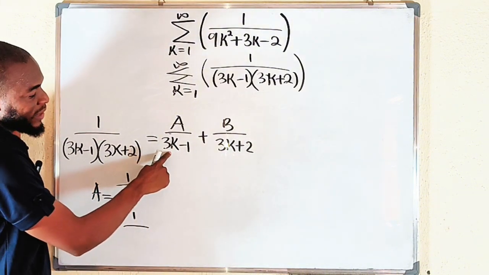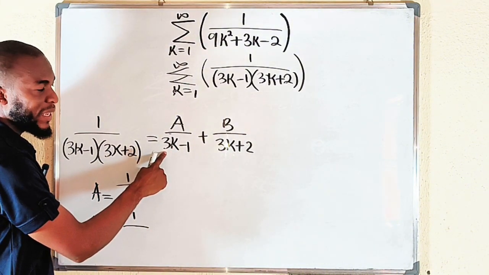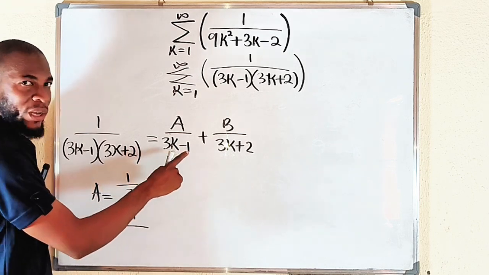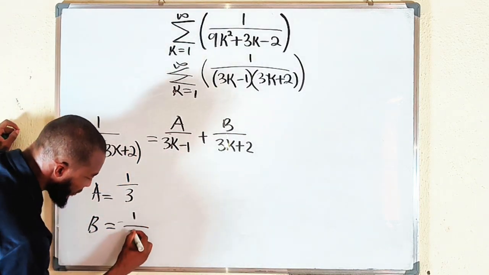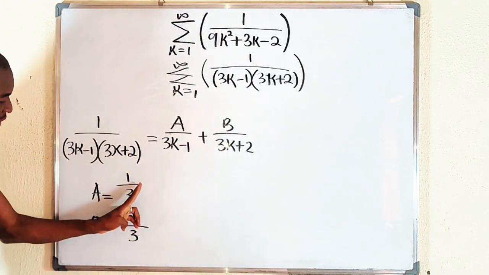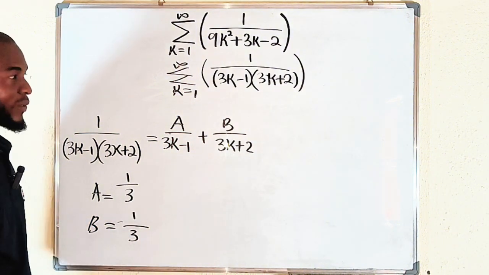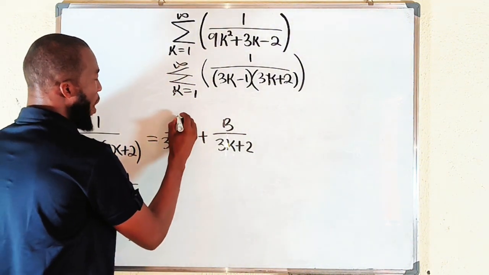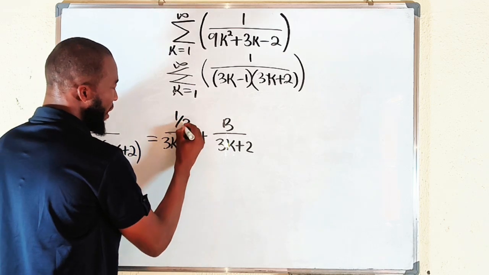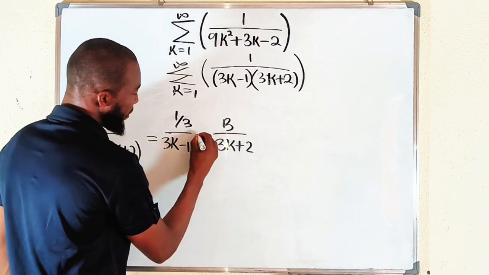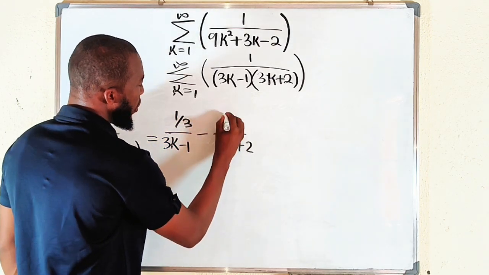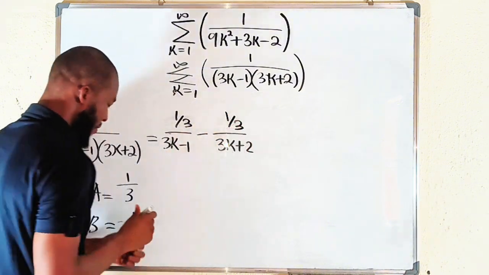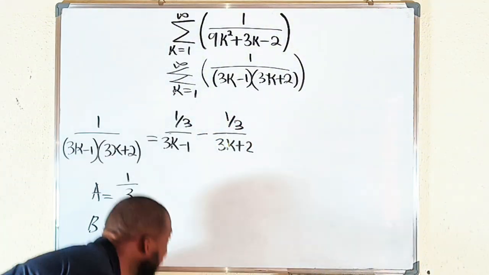Negative 2 over 3 times 3 will give us negative 2, and negative 2 minus 1 is negative 3. So we have negative 3 here. So you can see that A is 1 over 3, B is negative 1 over 3. Bring them back here: 1 over 3, negative 1 over 3. All right, we are progressing.